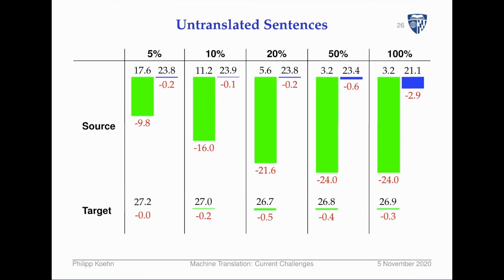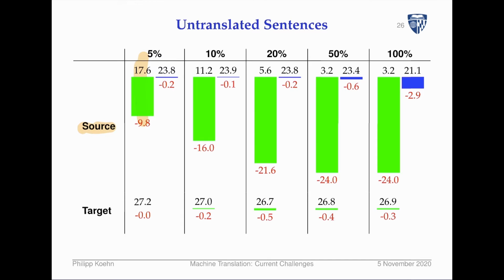Here is now the real killer. What if you put in untranslated sentences? There are two types. We have here, as I said, a German-English corpus. So the source sentence is German and the target sentence should be English. But what if the target sentence is just a copy of the source sentence? That really leads to detrimental performance of the neural machine translation system.